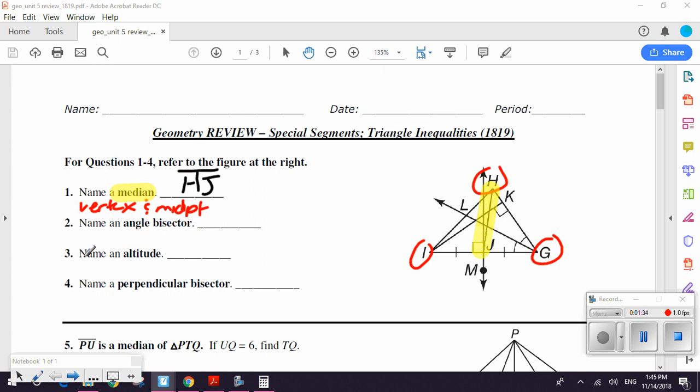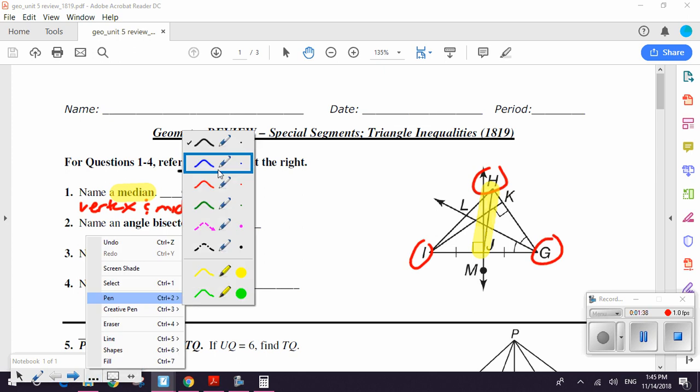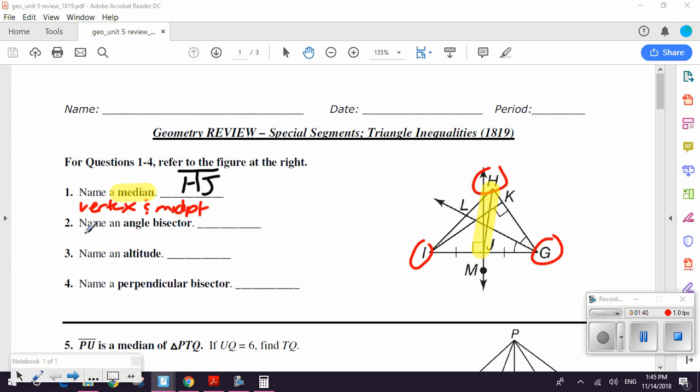Now we need an angle bisector. An angle bisector has to have a vertex and two congruent angles. So when I look at I again, I don't see two congruent angles coming from its corner. When I look at H, I don't see two congruent angles coming from its corner.